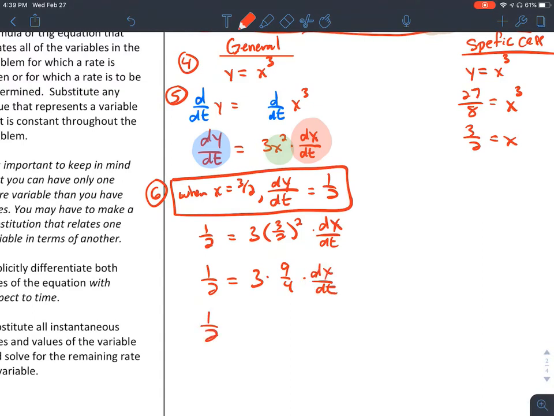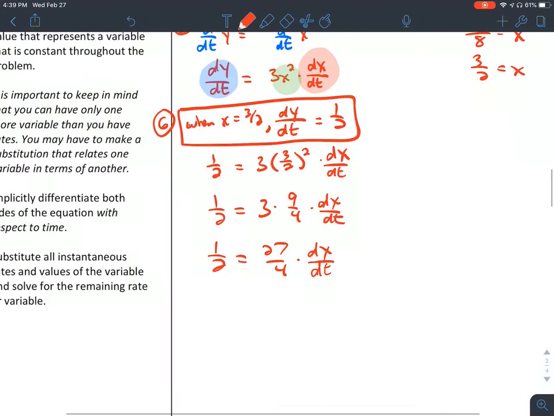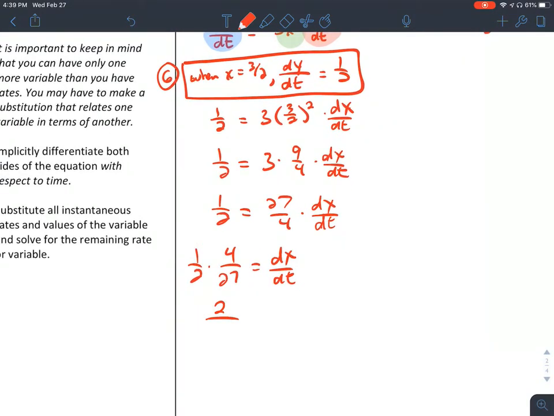This is going to be 1/2 equals 27/4 dx over dt. Then to get dx over dt by itself, multiply both sides by 4/27. And cancel 2 from the top and bottom, and you get 2 over 27 equals dx over dt.